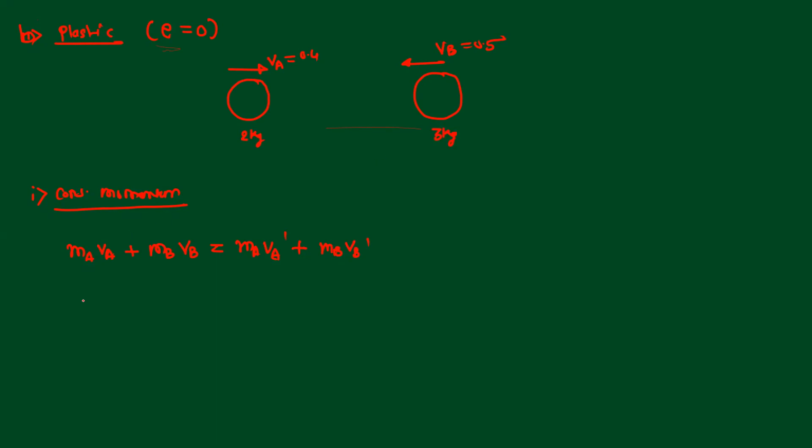So conservation of momentum: 2 into 0.4 plus 3 into minus 0.5 is equal to 2 Va dash plus 3 Vb dash. So from this we get 2 Va dash plus 3 Vb dash is equal to minus 0.7.